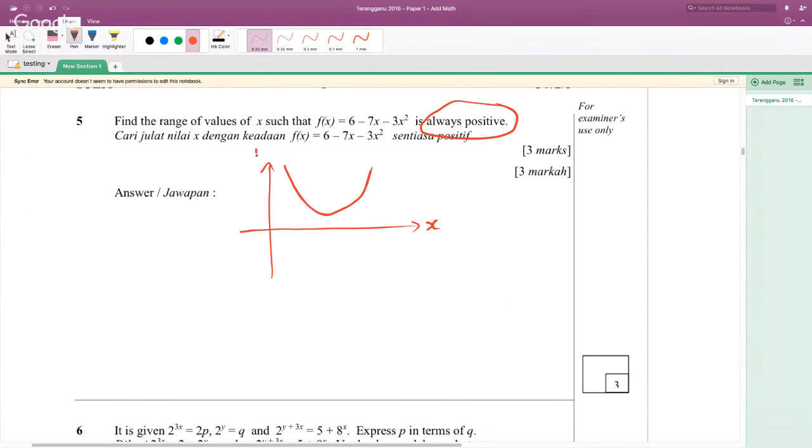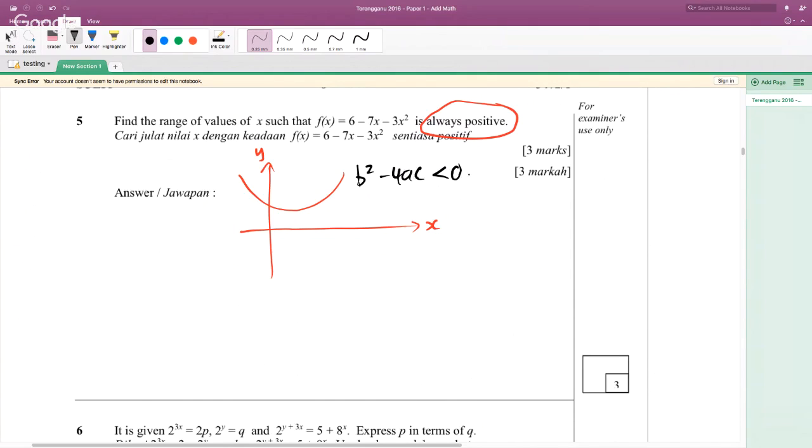The key point here is above the x-axis. The graph might cross the y-axis, but it doesn't matter, because what we care about now is being above the x-axis, meaning the curve has no intersections with the x-axis. This means b squared minus 4ac is less than 0, because there's no root. No root means no x answer.